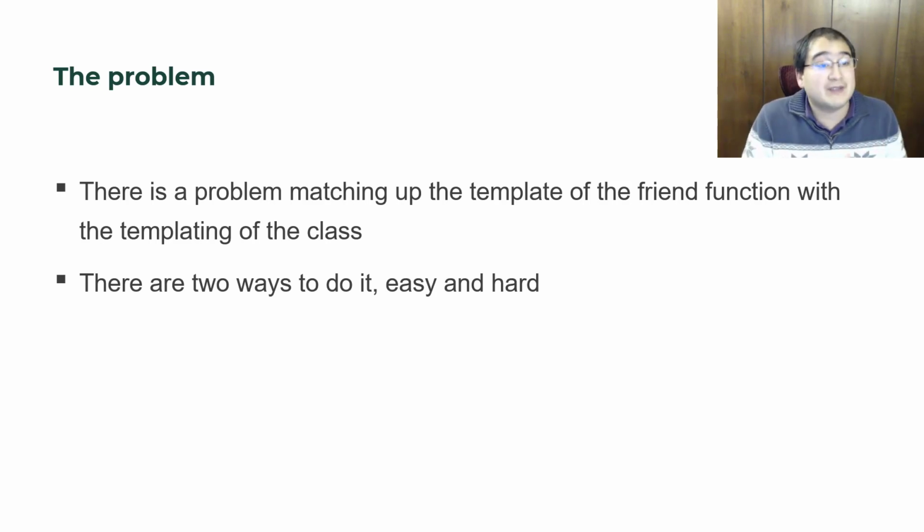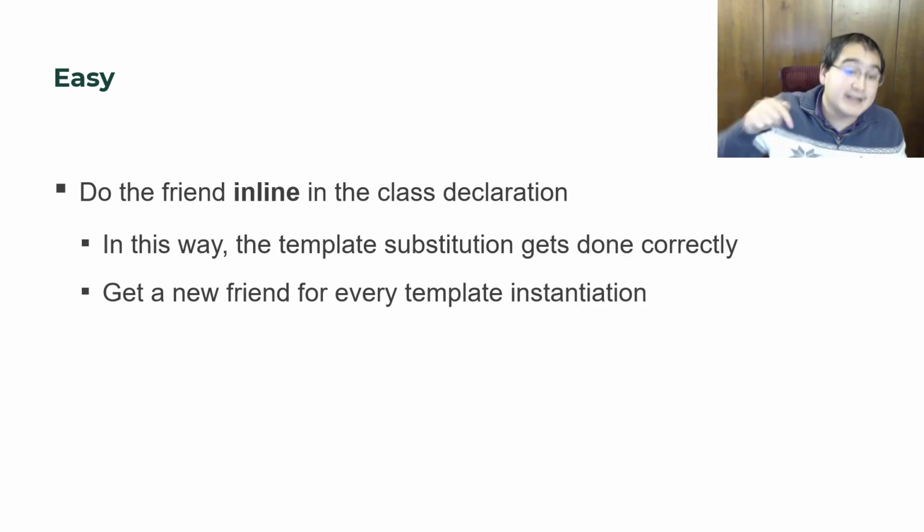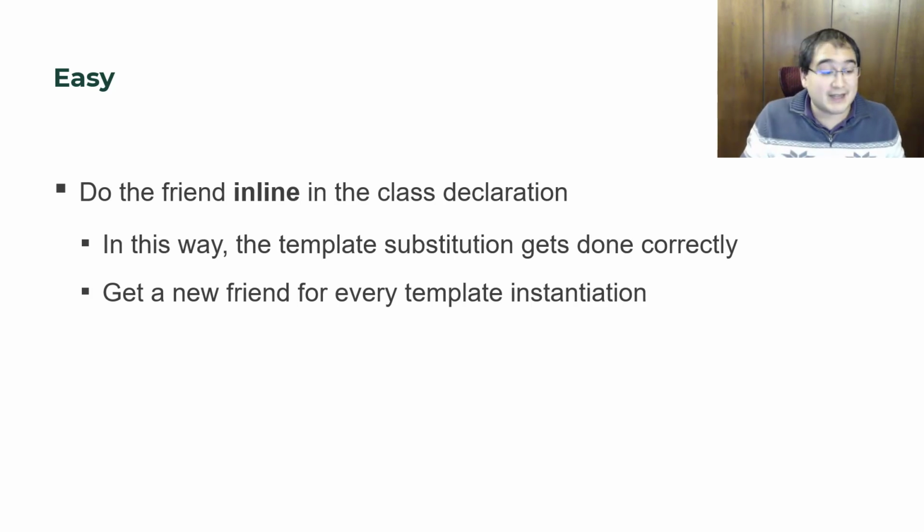And there are two ways to handle having friend functions with a templated class. There's the easy way and the hard way, and I'll show you an example of both. So the easy way is you define the friend function inline, inside of the class declaration. The nice thing about declaring something inside of the class declaration is you don't have to specify the angle bracket type.